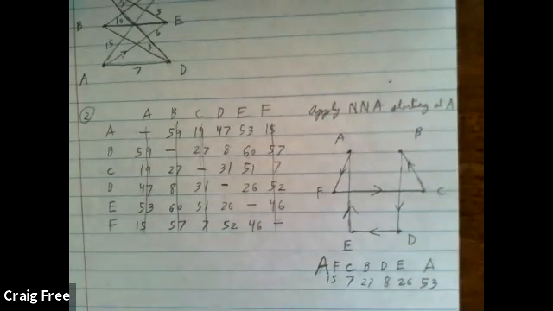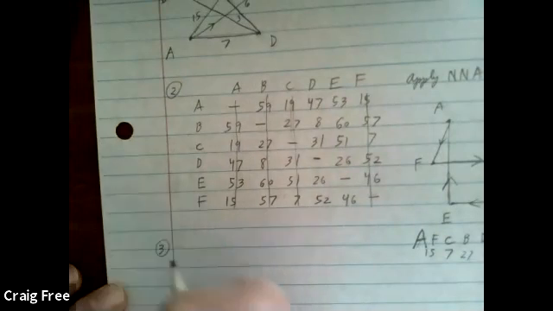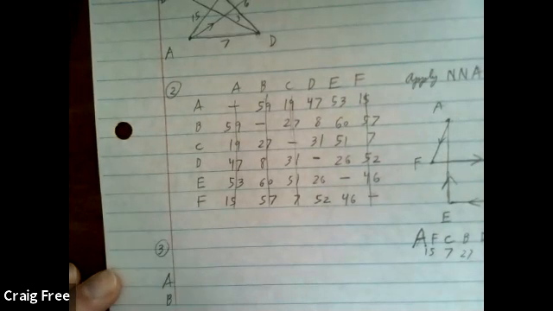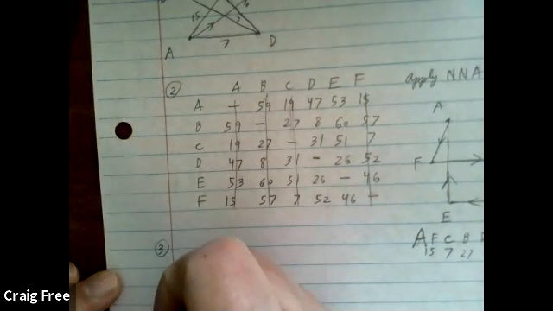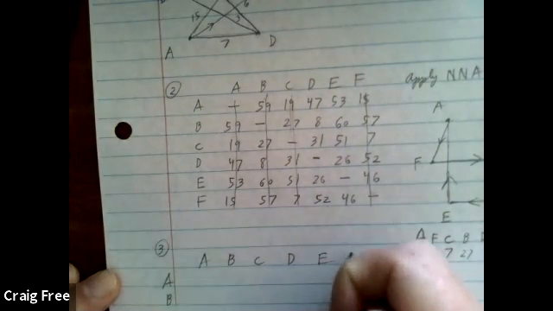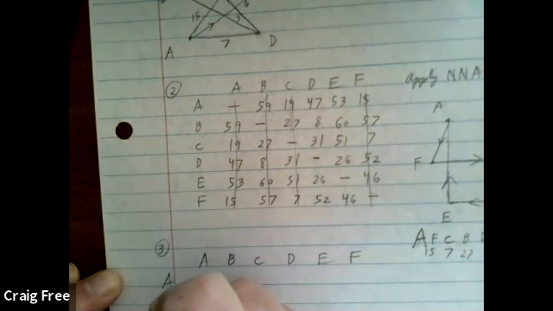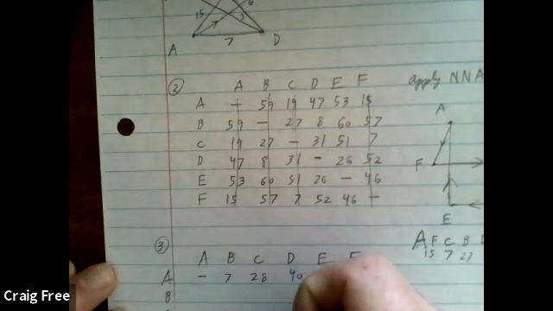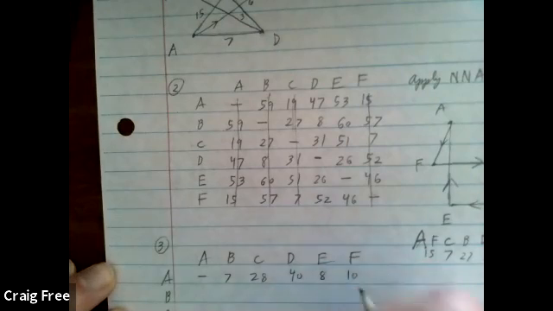Okay. Number 3. We've got another table, so I'll write this down. A, B, C, D, E, F, and A, B, C, D, E, F. We've got dash, 7, 28, 40, 8, and 10.